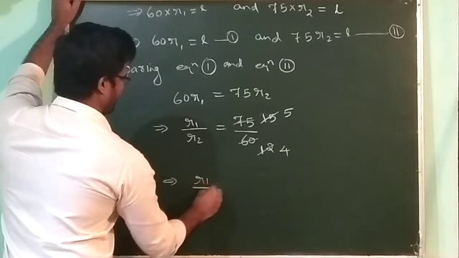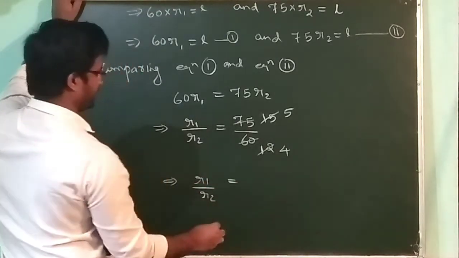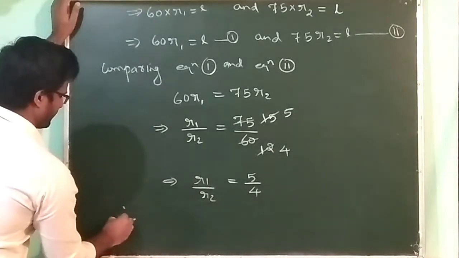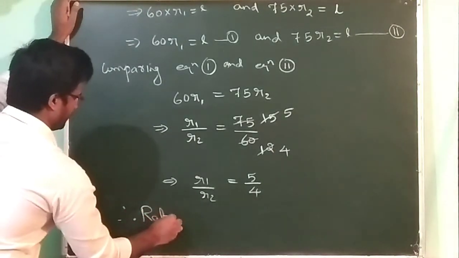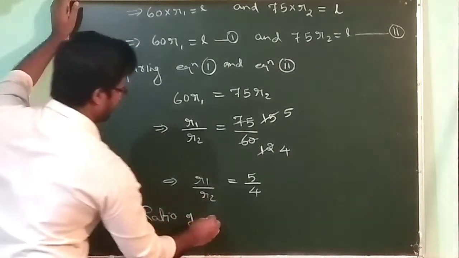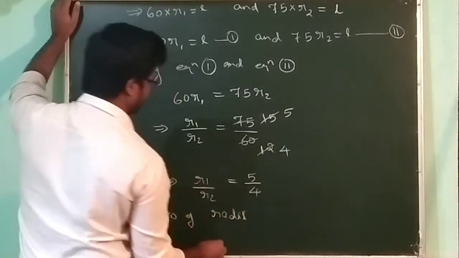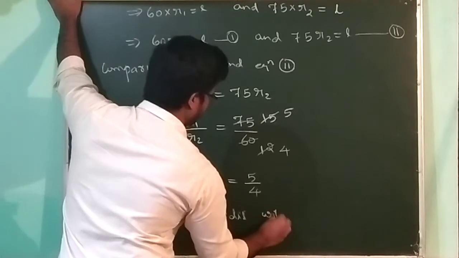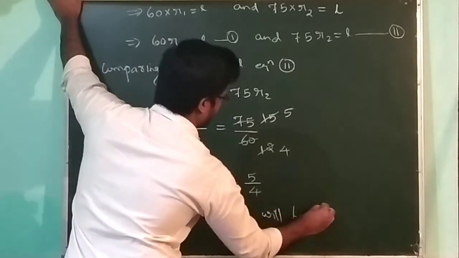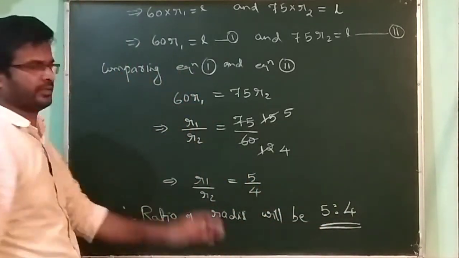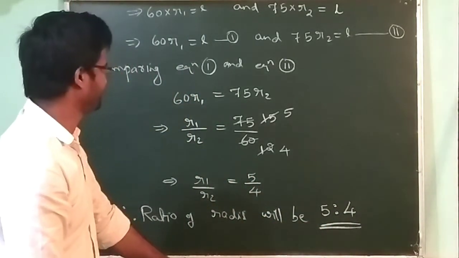Then R1 divided by R2 equal to 5 by 4. Therefore the ratio of radii will be 5:4. Our answer is 5:4.